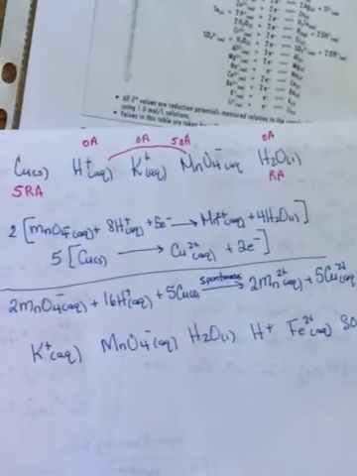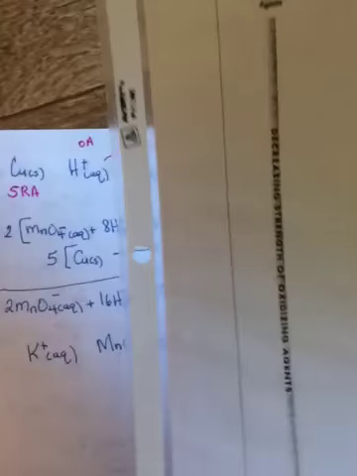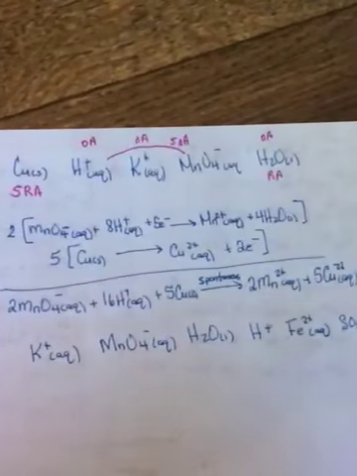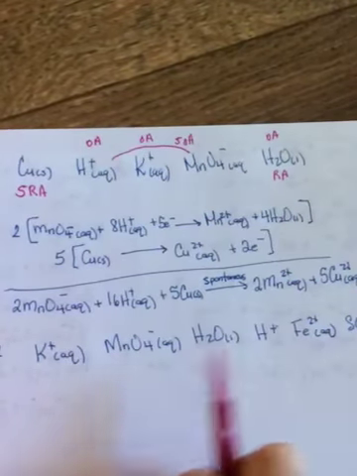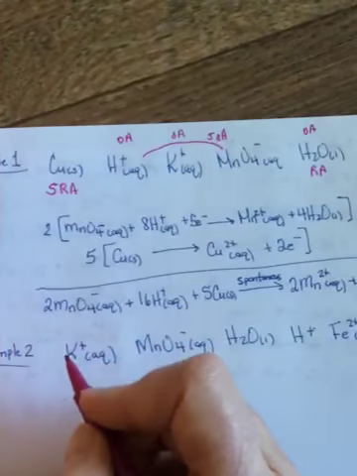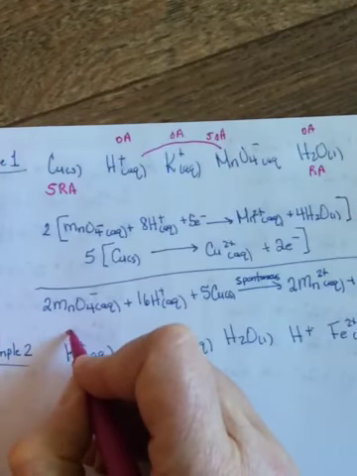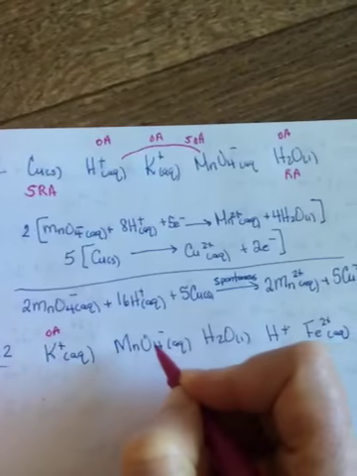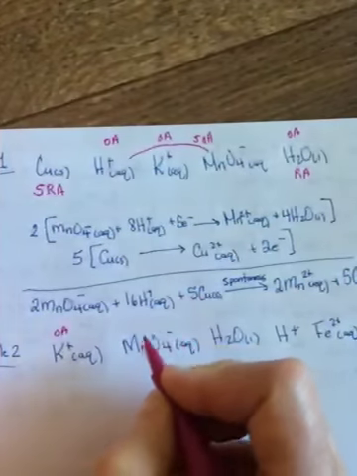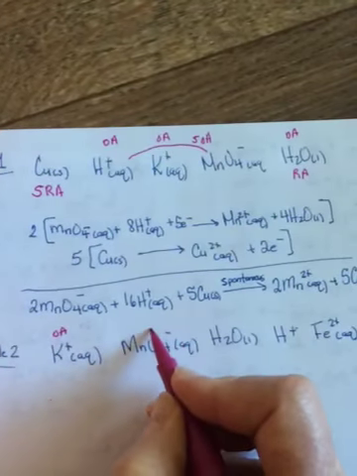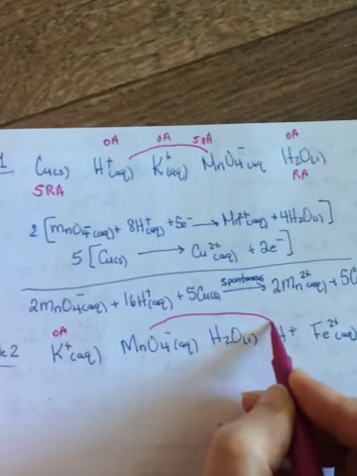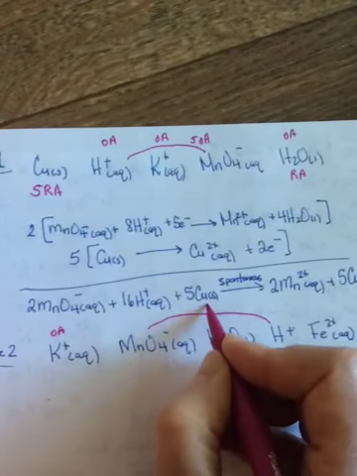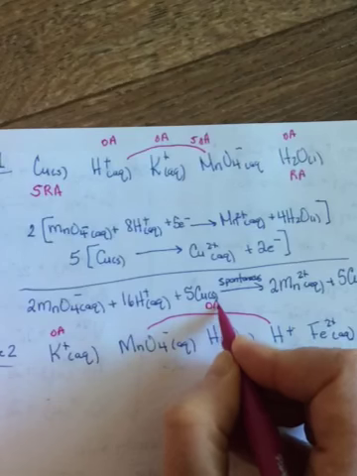Okay, so now you're going to go to your chart and you're going to find these. Okay, so when you look, potassium positive is all the way down at the bottom. It's an OA, but it's second from the bottom. Permanganate we had already found earlier. It is there linked with the hydrogen atoms, so it's an OA.